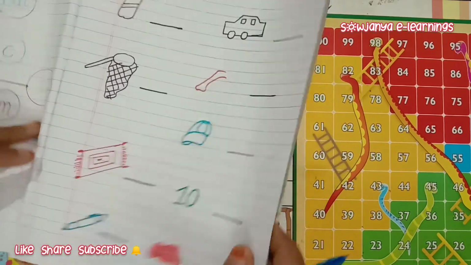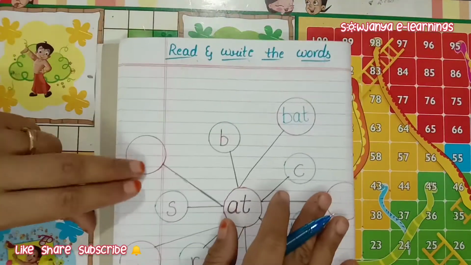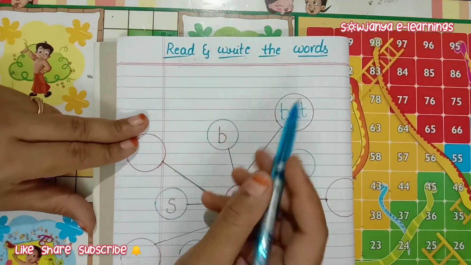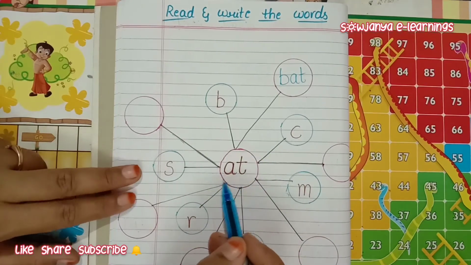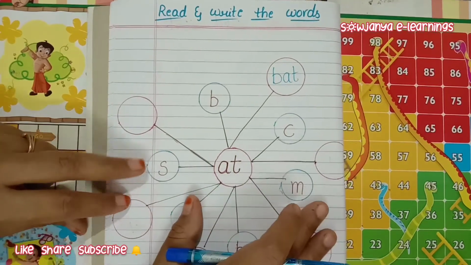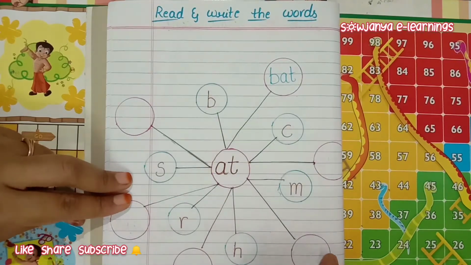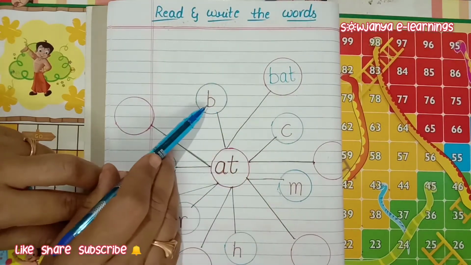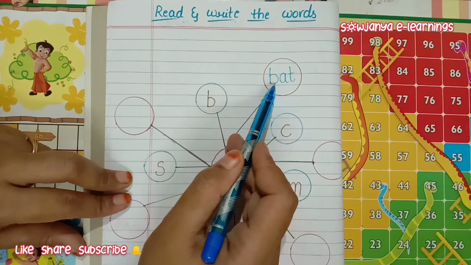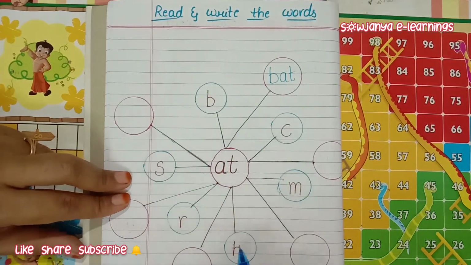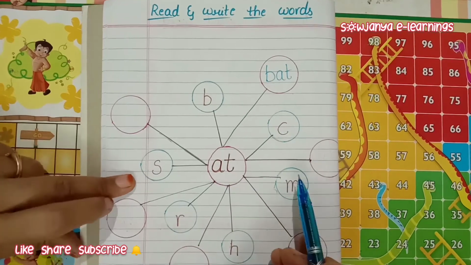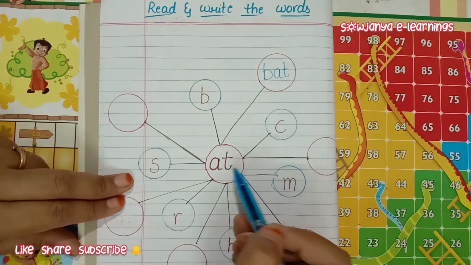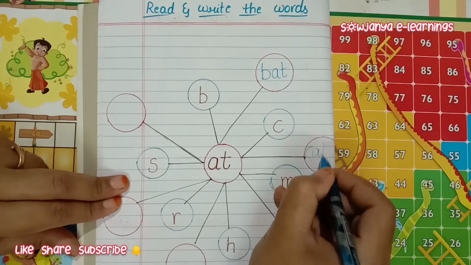Next worksheet. Read and write the words. See here in the middle circle I have given at. Now we have to form the words with the at family. See here, b, at, bat. Like that, with every letter we have to add at and form a word.